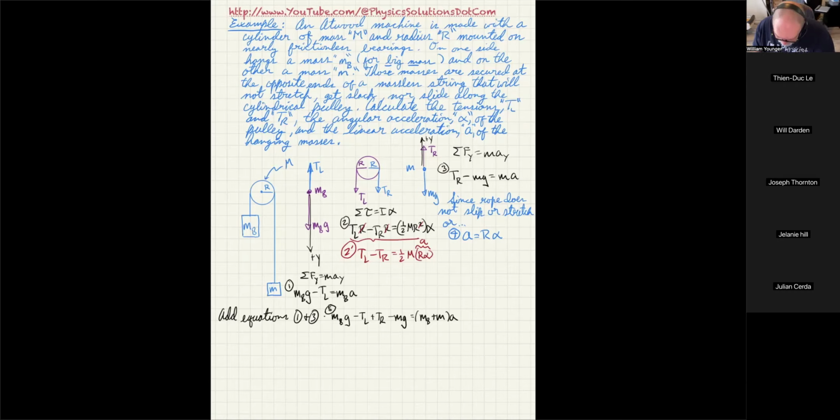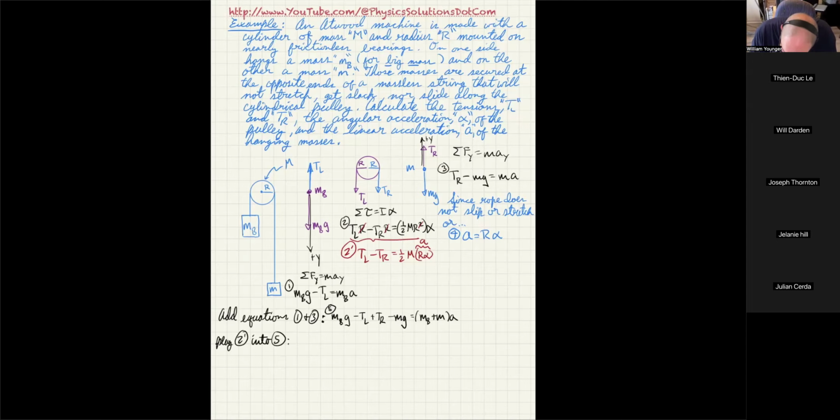Now you'll notice I have TR minus TL in the middle of that, and equation 2 has TL minus TR. So I just have the negative of that. I'm going to plug 2 prime into 5. When I do that, what I'm going to get is the following.